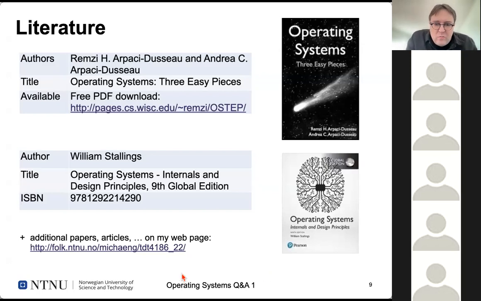So maybe, what would be interesting to me is a bit of a show of hands. I'll open a poll. Who of you already has used Unix or Linux before? Let's see if this works. That doesn't work. Just a second.